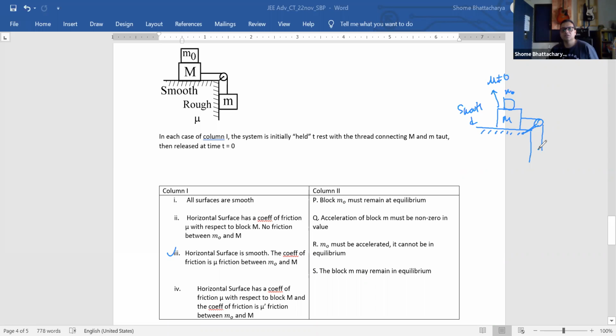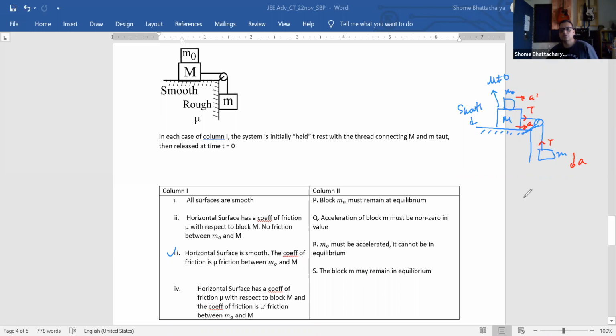So what will happen in this case is there is nothing to prevent this from moving. So this will have to have an acceleration. Okay, this will have to have some acceleration, this block. But the question is what acceleration this block has.